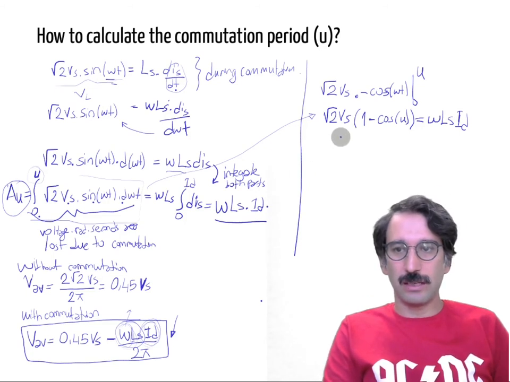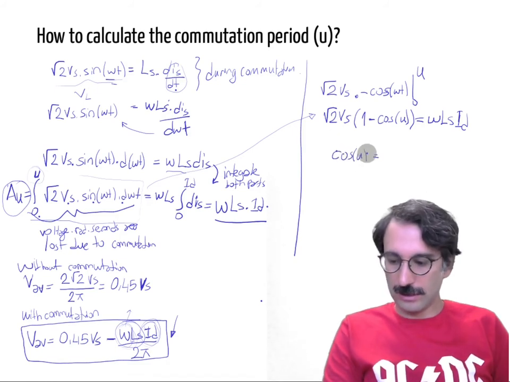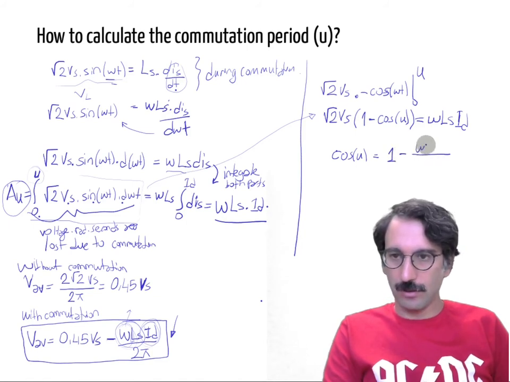So you can write the cosine u is 1 minus omega Ls Id, divided by square root 2 Vs. Okay.